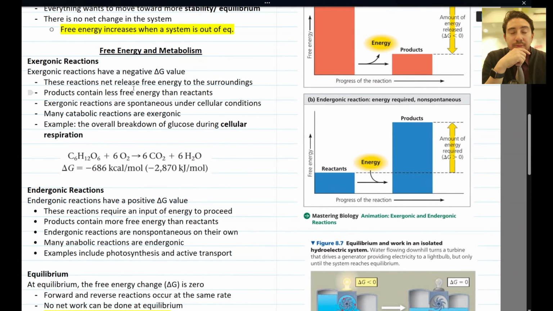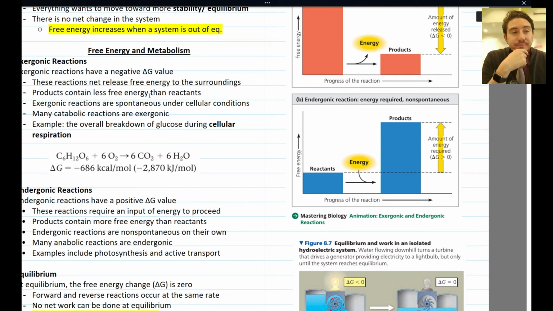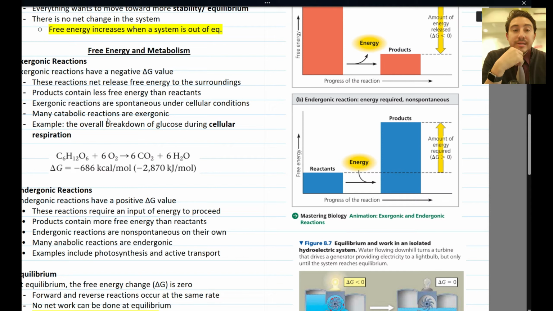I'm going to zoom out a little bit. The products contain less free energy than the reactants. The majority of that energy has been dissipated into the environment. Exergonic reactions are spontaneous under normal cell conditions, and many catabolic reactions that break down stuff are exergonic.